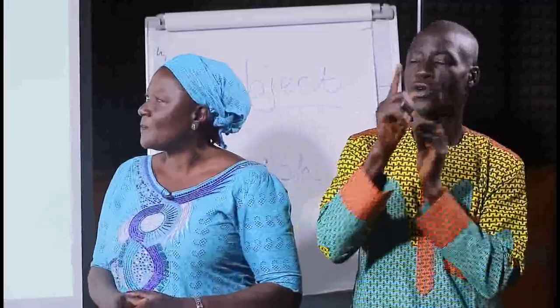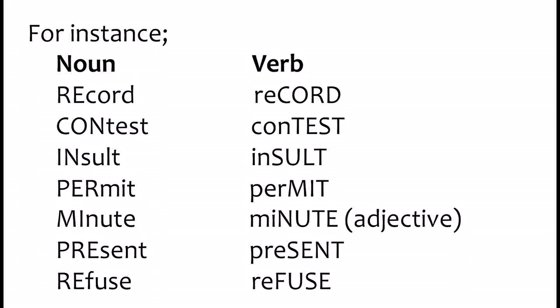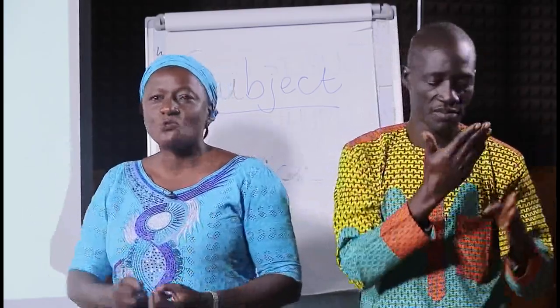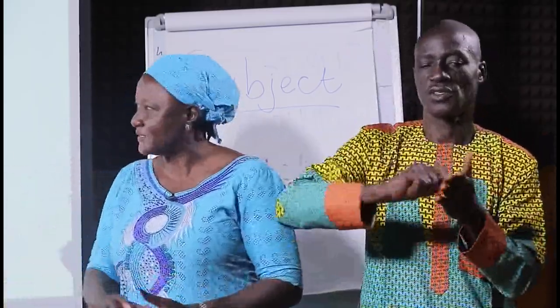Number one, record. Record. And the verb is record. So we have record and record. As a noun, record is a thing, but to record is to put down in writing, to document.